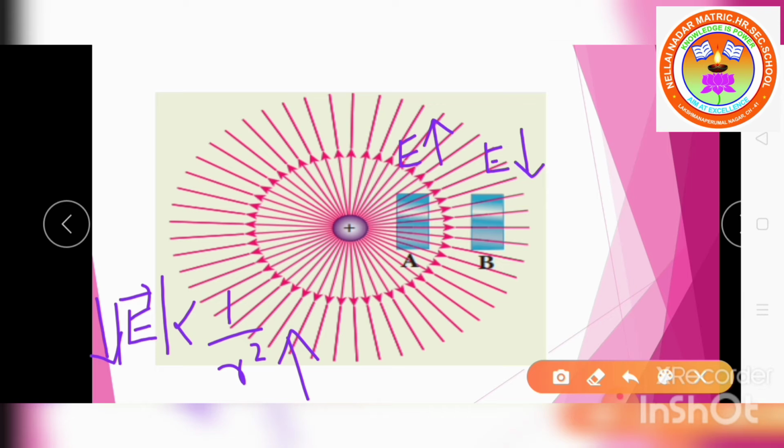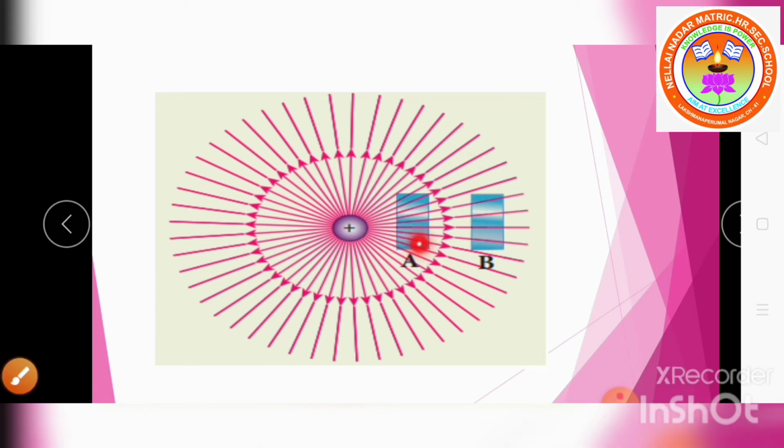So at point A we have the larger electric field and at point B the lesser electric field. In another way, the electric field lines are denser, that is, more close to each other, in a region where the electric field has larger magnitude. They are less dense in a region where the electric field is of smaller magnitude.